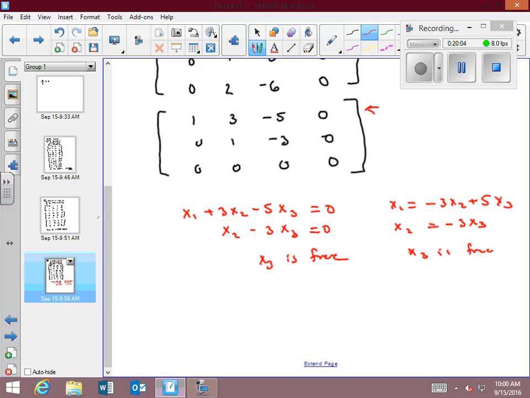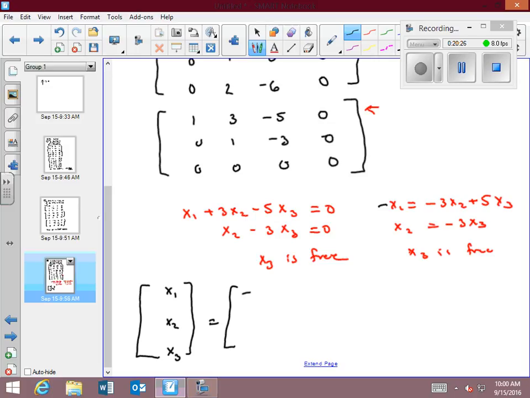So now what we're going to do is our solutions, x1, x2, x3, that vector is going to be, I take this value right here and put it up here.